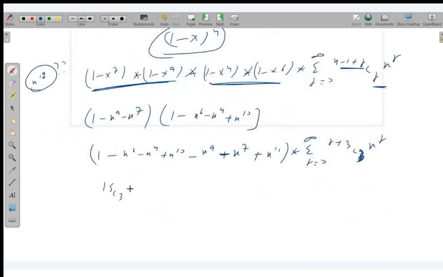So 15C3, minus 6, so it will be 9C3, then minus 4, so 8, so 11C3, plus 10, to 2, so it will be 5C3, then minus 3, so 6C3, then minus 7, and here 2, so 7 plus 5 is 12, so it will be 8C3, and then plus 1, so 4C3. Solve and get the answer.